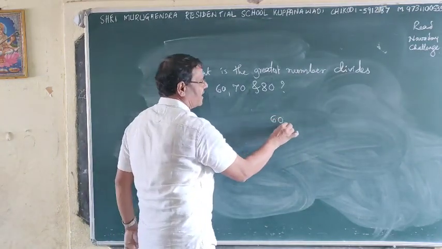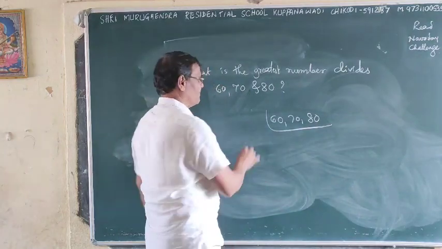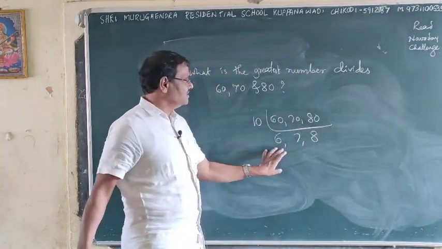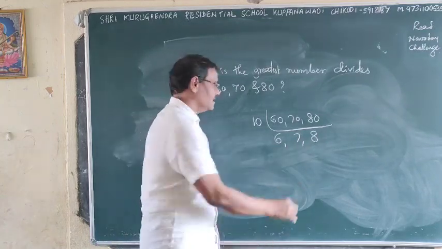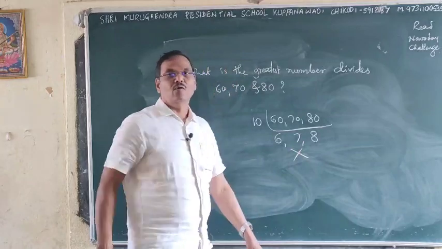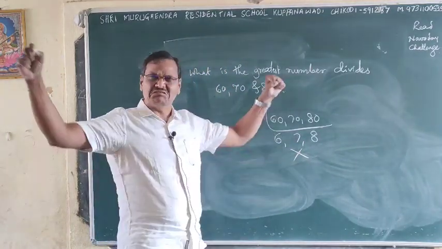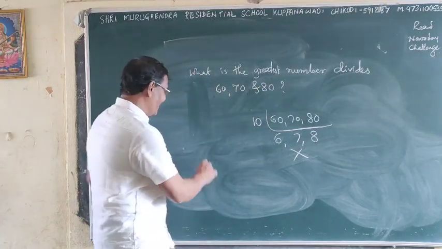Then you go again, and the usual division method is over for this. 6, 7, 8: 6 and 8 are in the same table, whereas 7 is not in the same table. So if you go, danger is there. Then 10 is the greatest number that divides 60, 70, 80. Okay, HCF is 10.